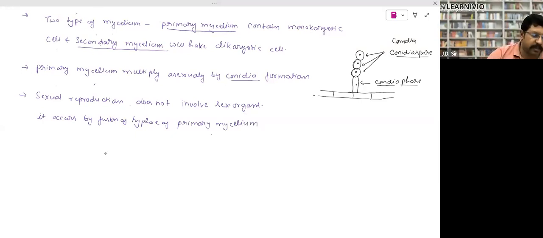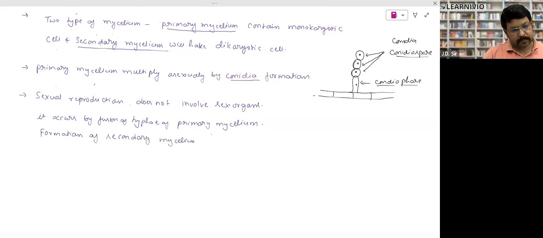So two hyphae from the primary mycelium will fuse, right? And formation of secondary mycelium takes place that produces basidiospore.